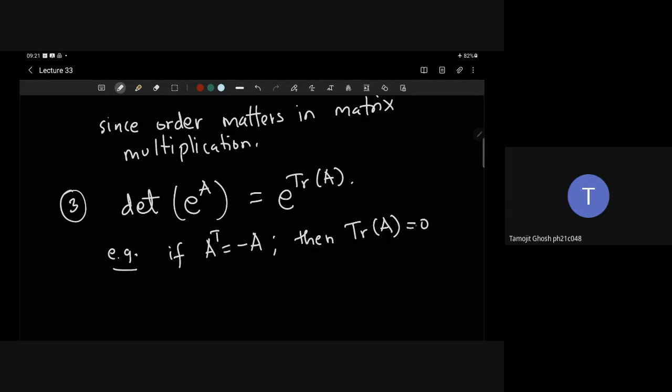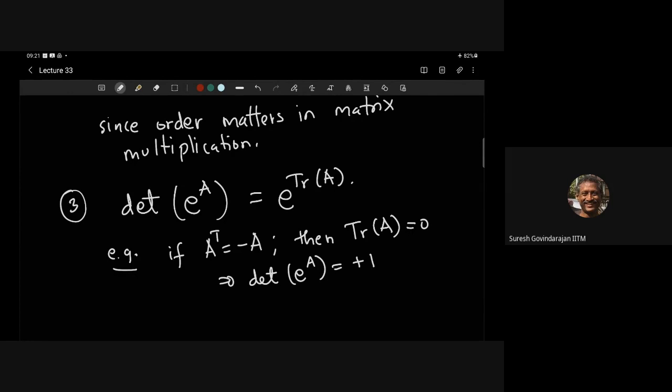Zero. So this implies the determinant of e power A equals plus 1. So you can see that the exponential of an antisymmetric matrix will always have determinant plus 1.